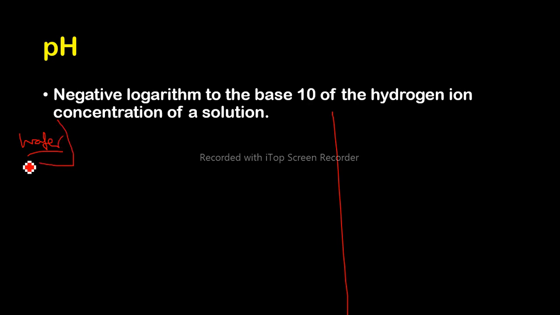Given any solution, maybe a monobasic acid, HA, if you dissolve this acid in water, it will ionize partially to give us hydrogen ions, aqueous, and the A⁻ ions, also aqueous.